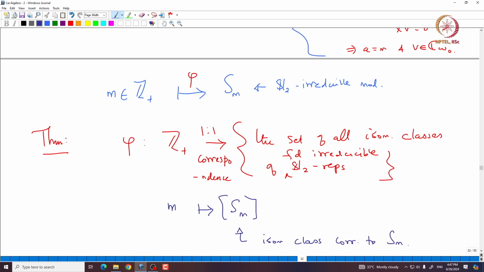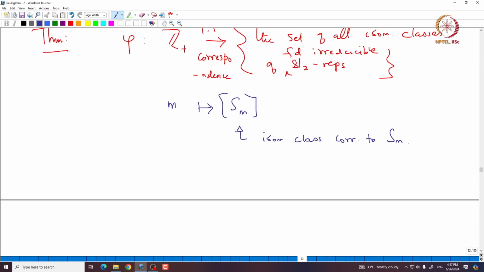Okay, so this is indeed the main theorem in the finite dimensional theory of sl2 representation theory. Then we have the theorem of Weyl. Here is another theorem. Let us call this theorem 1 and this theorem 2. This is Weyl's complete reducibility.